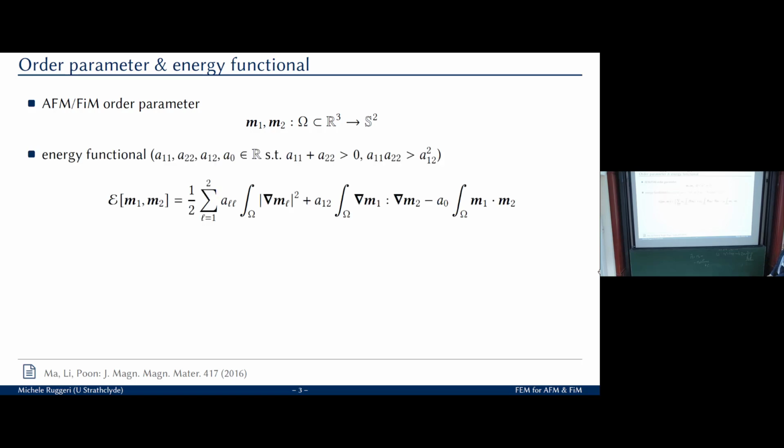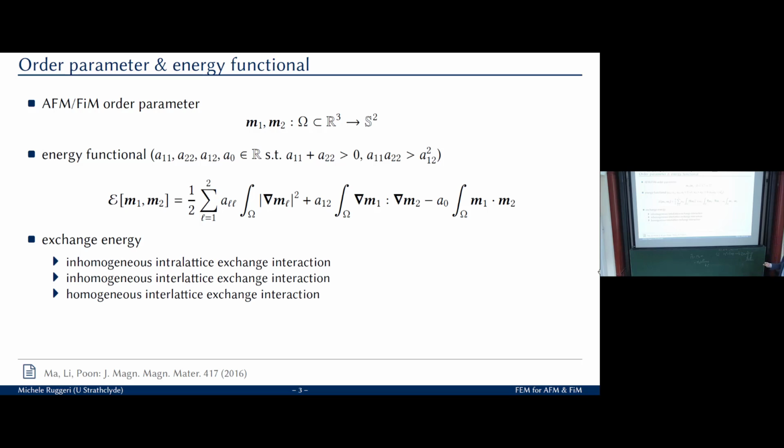And the energy functional, where we restrict to exchange interactions, takes this form here, for material coefficients which satisfy inequalities such that the gradient-dependent contributions are positive definite. So this is the energy functional, and you see three contributions which have a name.